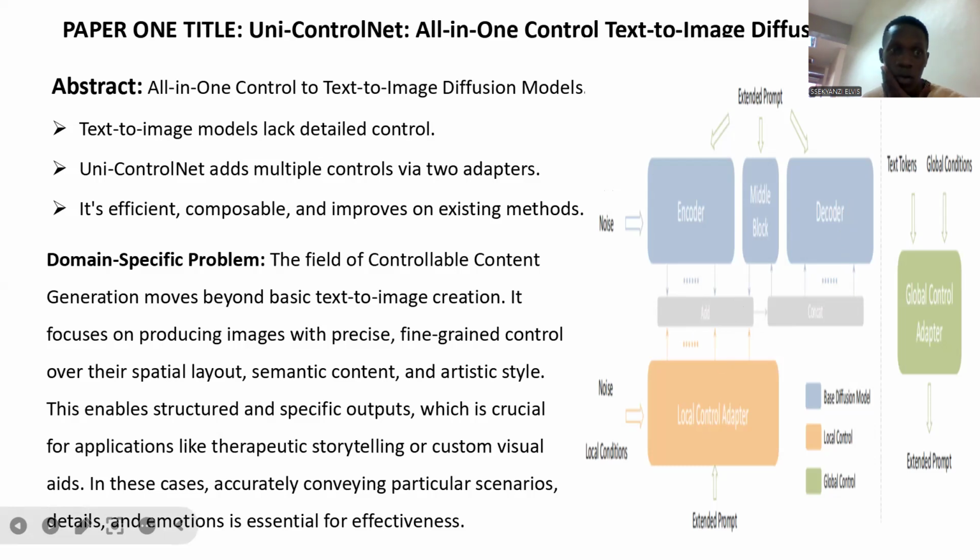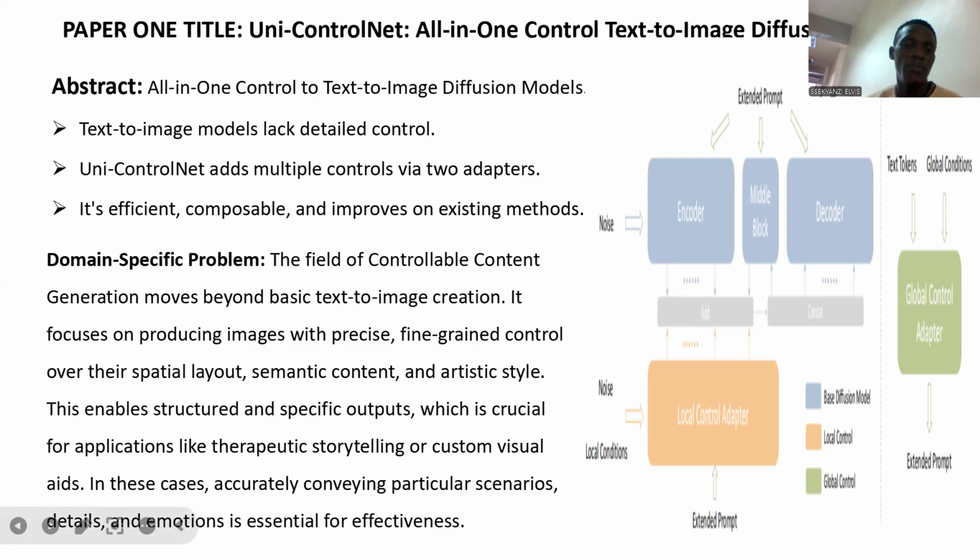Then here is the local control adapter. This is one of the adapters, and then the global adapters, where text tokens are entered, and the global conditions extend the prompt.